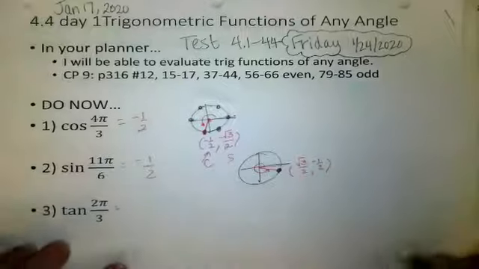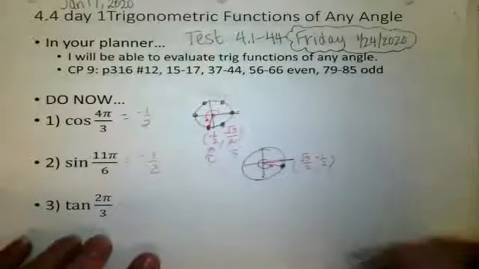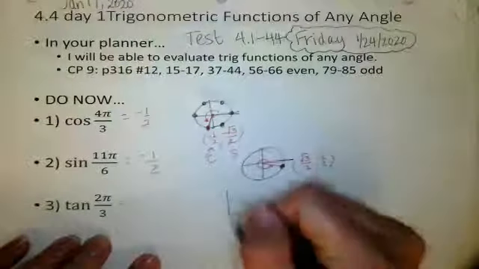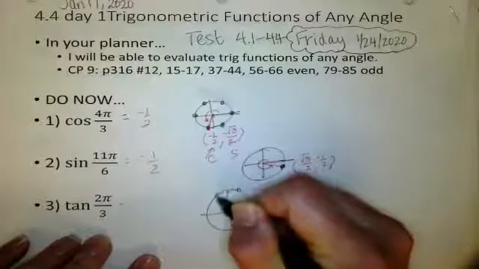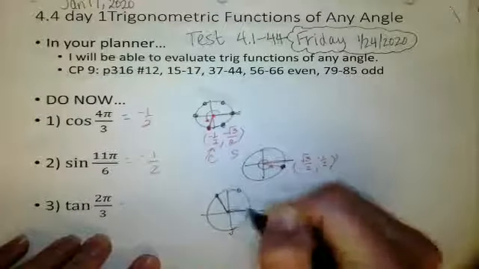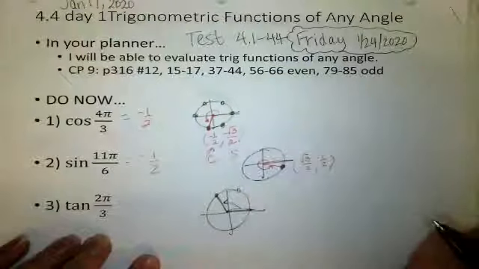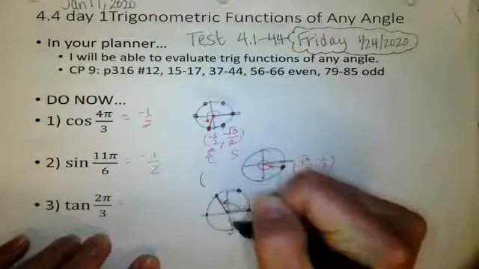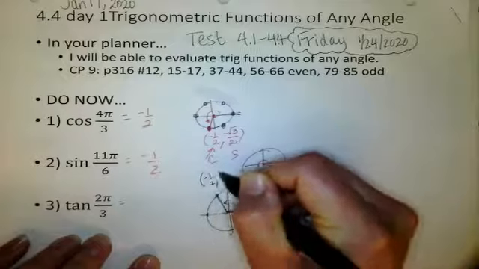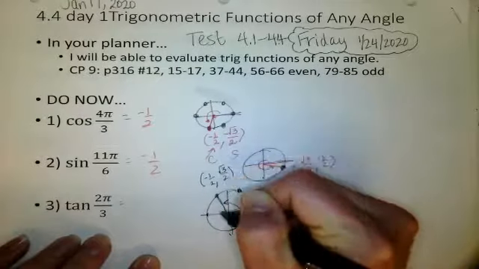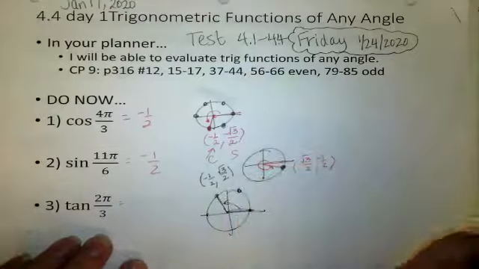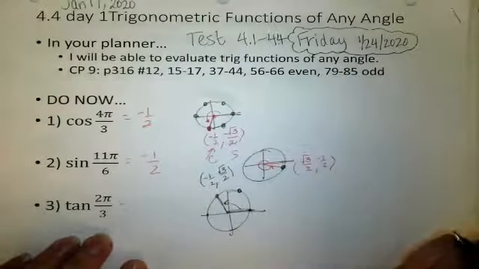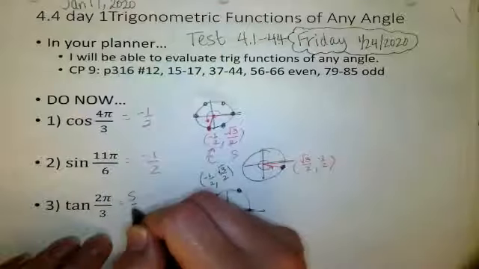It's very weird. All right, 2 pi over 3. 2 pi's over 3 is about right here. And that would be negative 1/2 and up, radical 3 over 2, short leg, long leg. And so how do we get tangent? Y over x or sine over cosine.